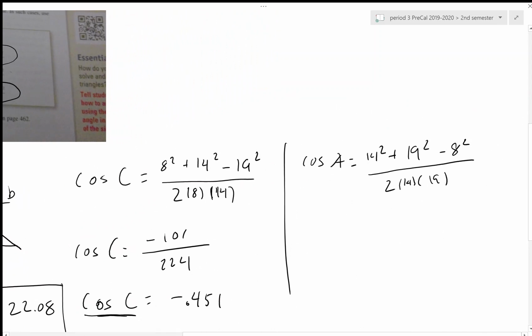Put that in the calculator: 14 squared plus 19 squared minus 8 squared, divided by 2 times 14 times 19.